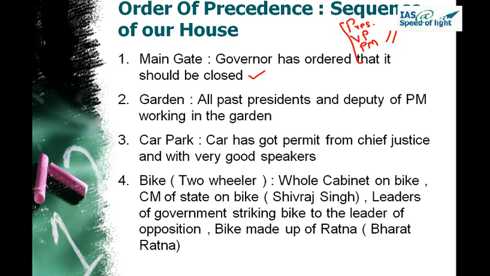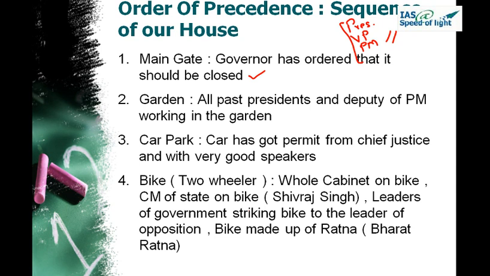That garden was a special garden, and all the past presidents, all the ex-presidents, were working there. And you were surprised, as these presidents don't have any reputation now, so they are working here in the garden. So all ex-presidents, and the deputy of the prime minister, working in the garden.